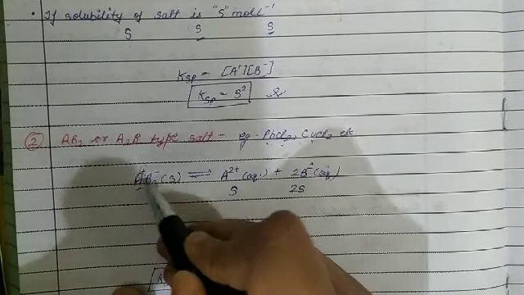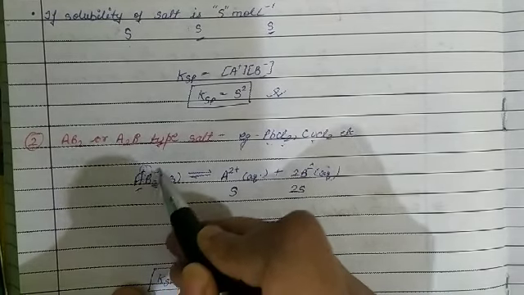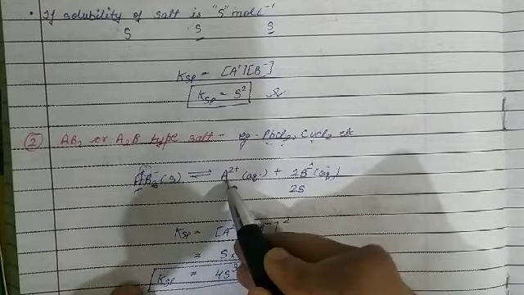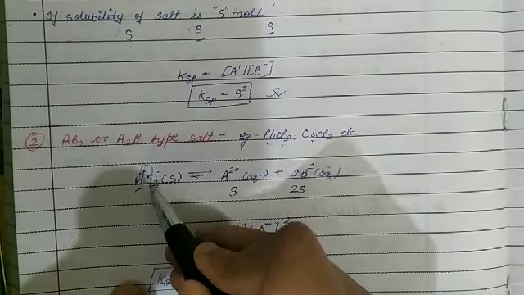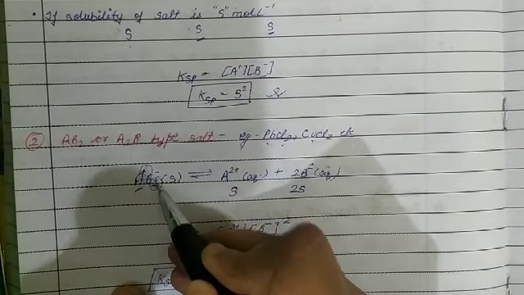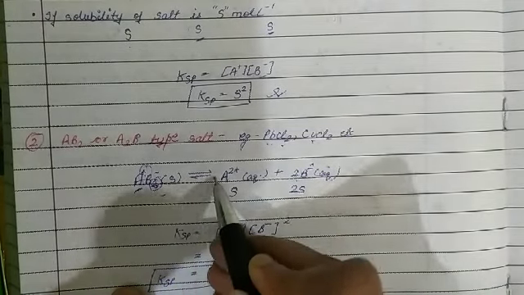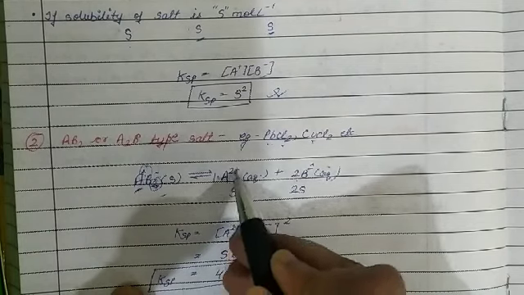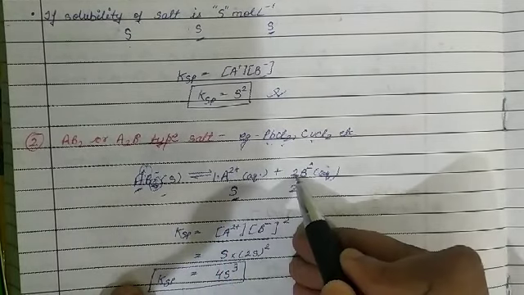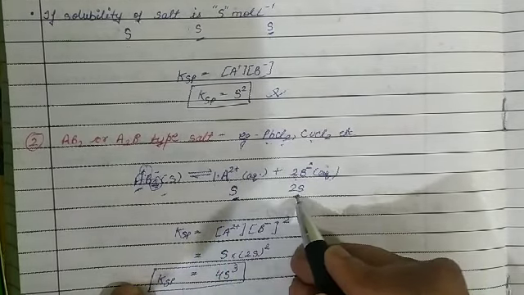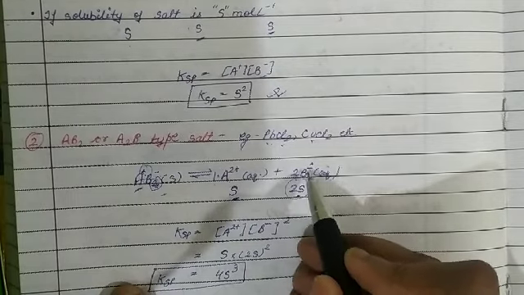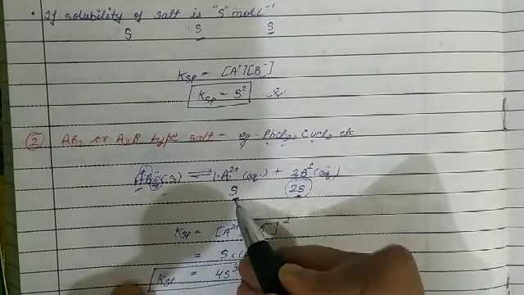A will get A2 positive ion and B will get B negative ion. So A2 plus, and as 2 B minus ions are present, 2B minus. When solubility of the salt is S, the coefficient is 1, so it forms A2 plus ion equal to S, but here the coefficient is 2, so it will form 2S. So the solubility of the anion is 2S and the cation is S.